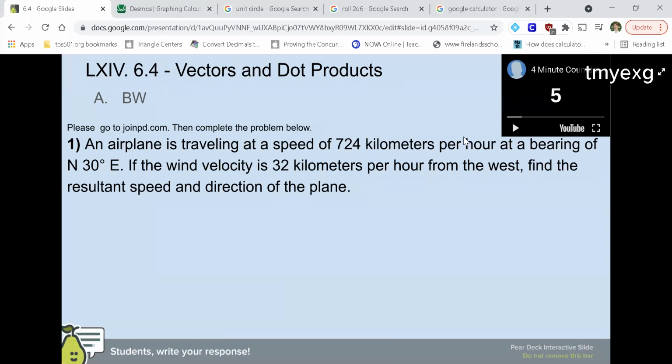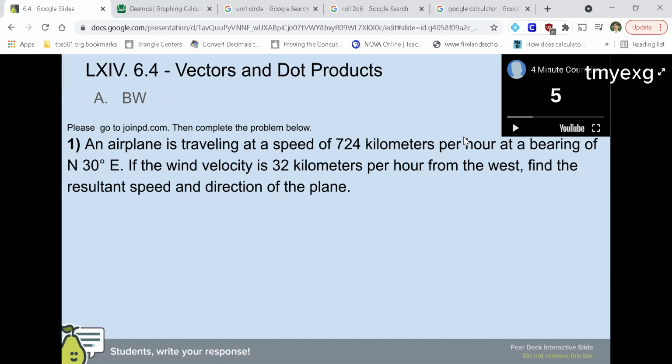All right, well, while this loads, I'll go ahead and put the bell work on the board. It's pretty short, but it is a really hard problem for being short. So an airplane is traveling at 724 kilometers per hour at a bearing of north 30 degrees east.